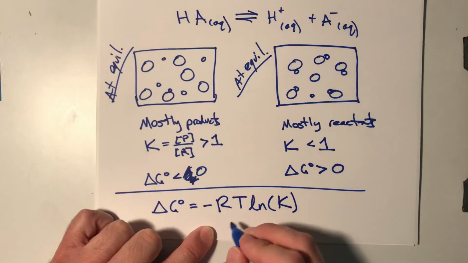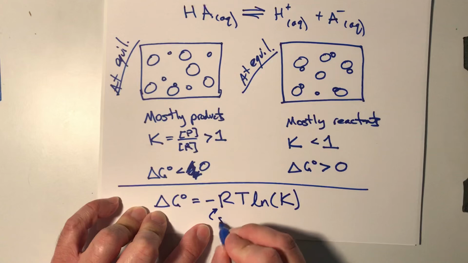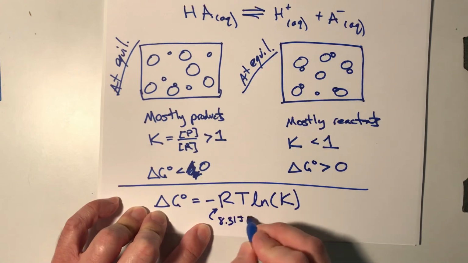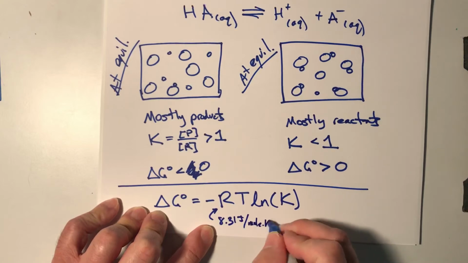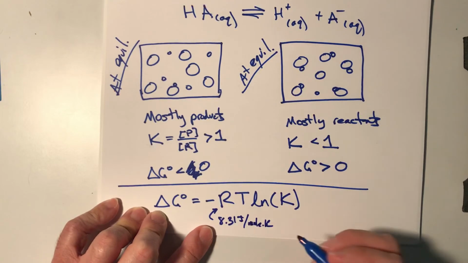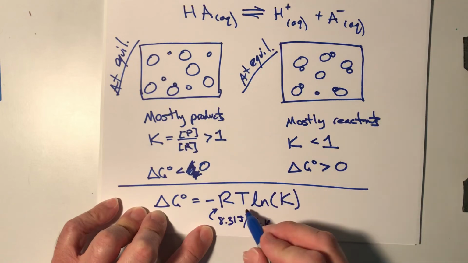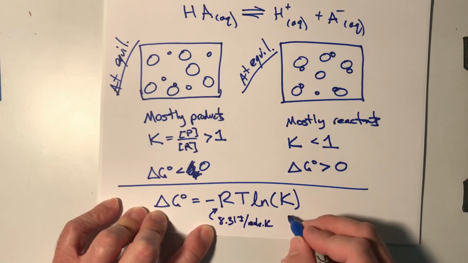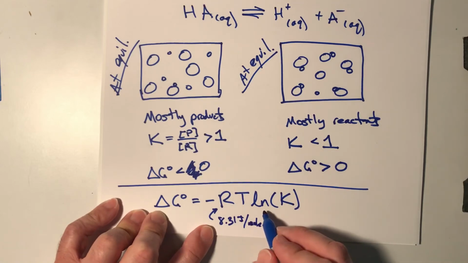R here is our old friend, the gas law constant, although in a slightly different unit than we would normally have used in first semester. It's 8.31 joules per mole Kelvin. The temperature, as always, is in Kelvin. K is our equilibrium constant, and ln is the natural log function.